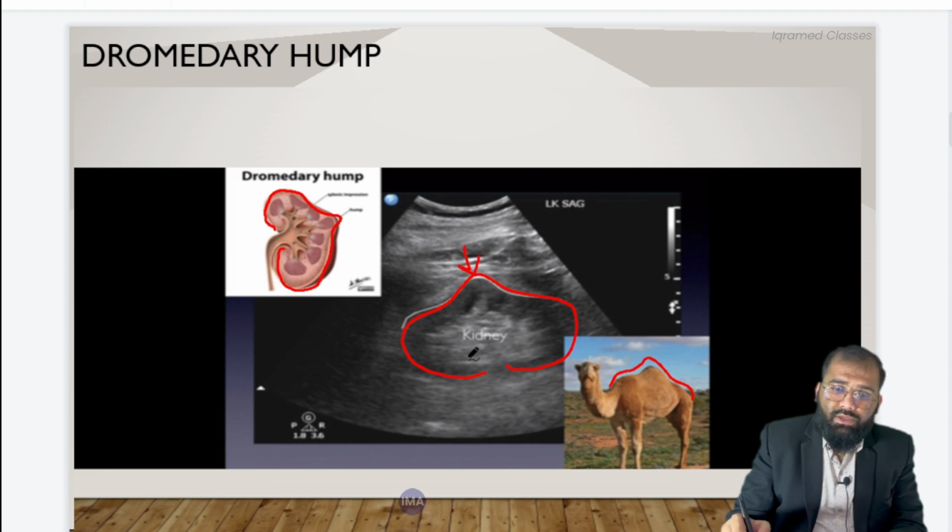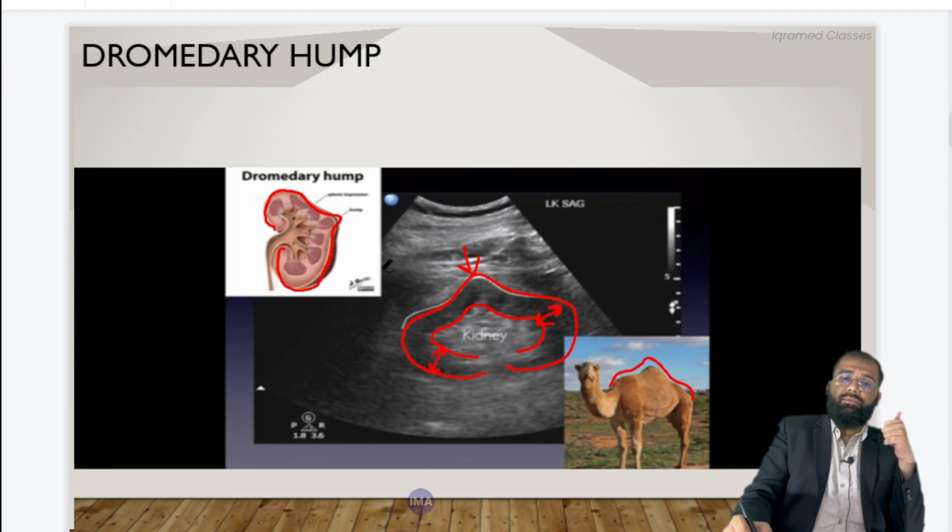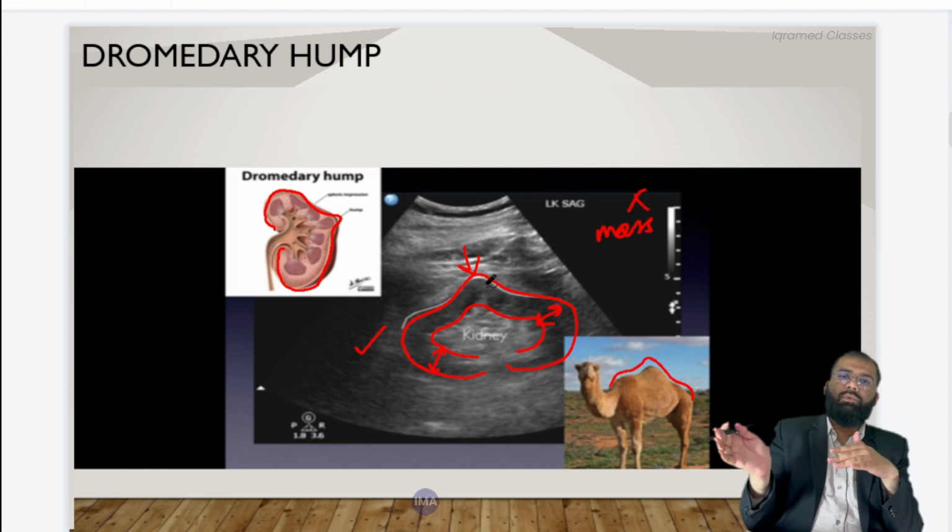In fact, you should see the cortical thickness. This is the cortical rim. If you see the cortical thickness here and the cortical thickness in this region, they are nearly equal. That means that this is a physiological hump, this is a dromedary hump and not a mass lesion. This is not a mass lesion. That is how you differentiate mass versus dromedary hump.